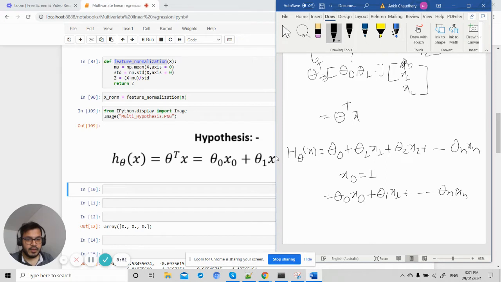So we need to create our x naught. Our x naught should be one vector of all 1s, 1 1 1, up to the length of data. We need to populate one vector matrix, and our other two features are x1 and x2.